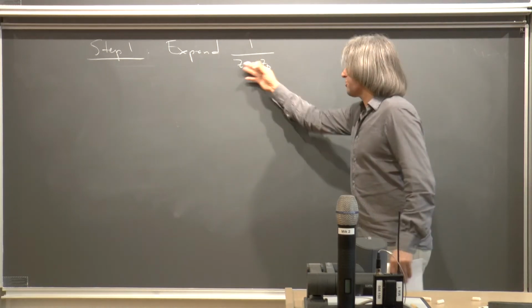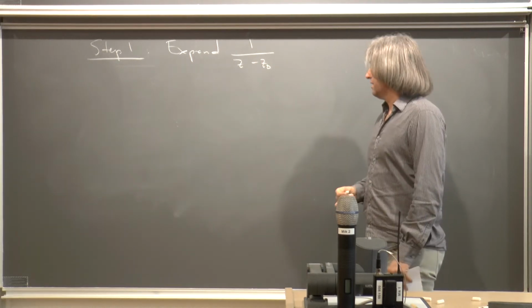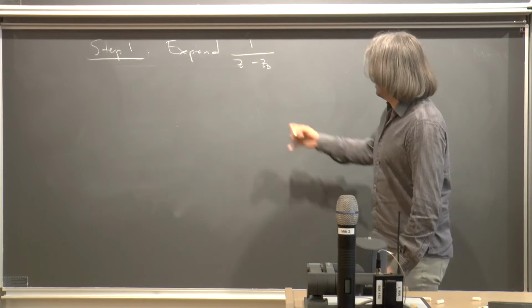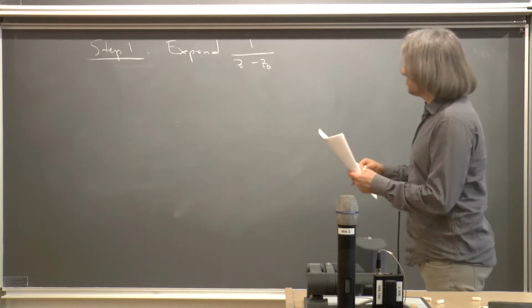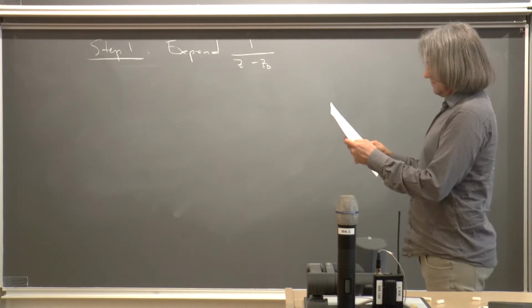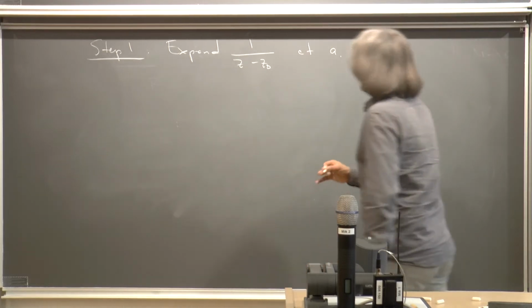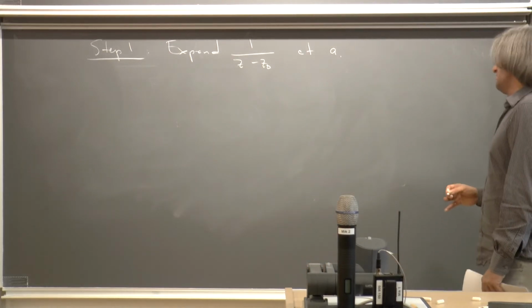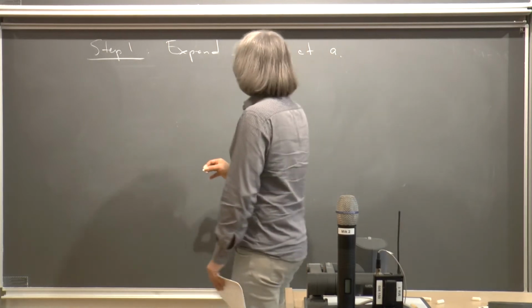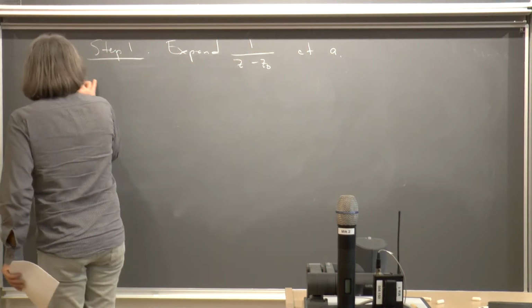So we could, of course, express this as the known geometric series at z naught, but we want to expand it at a. So let's talk about the sum of a geometric series.